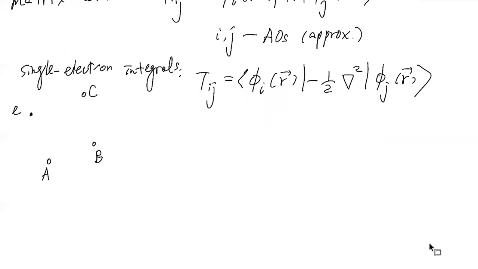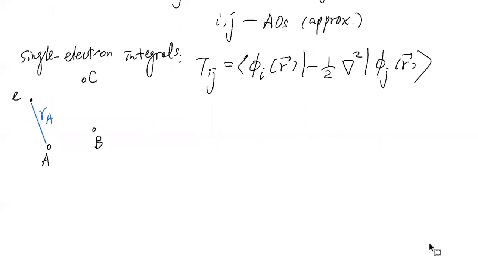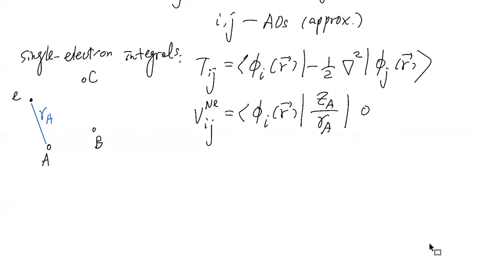Then you have a vector Ra, and you can also have Rb, Rc, etc. So now the nuclear electron interaction, ij nuclear electron interaction, is this integral, phi_i(R) Za over Ra phi_j(R).